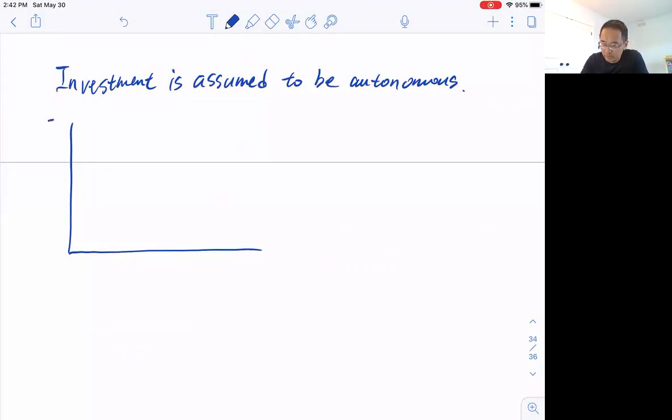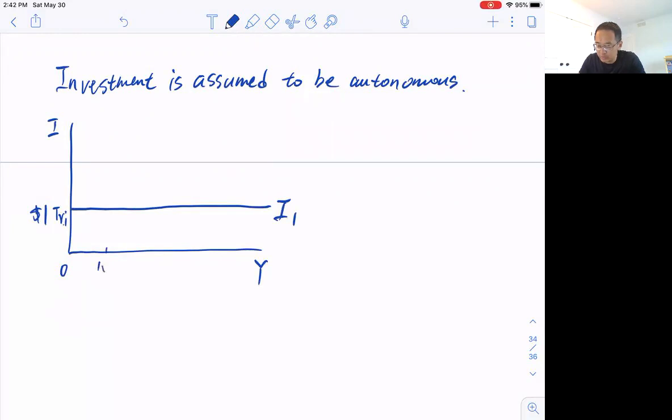So on the national level, if you look at investment and real GDP, investment being autonomous means once firms decide how much to invest, okay, let's call this I1, and let's say firms decide to invest $1 trillion, then that's it. Once they decide to invest 1 trillion, it doesn't matter where real GDP is.